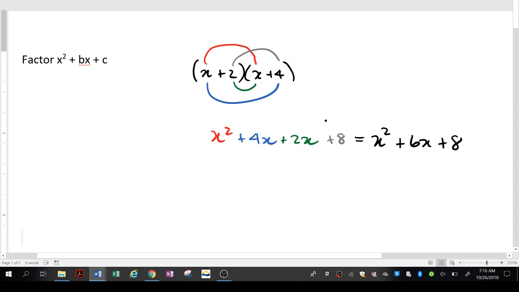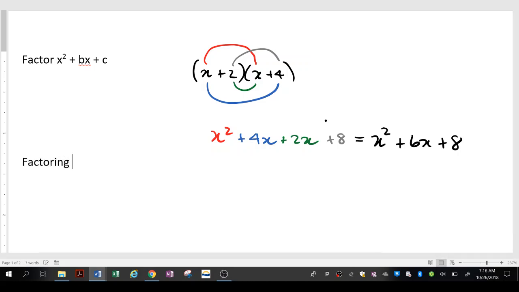So here is our trinomial that we have, and essentially we want to work backwards to take a trinomial, and we can either separate the middle term and factor by grouping, or today I'm going to show you factoring by inspection. And we want to express this trinomial as a product of two binomials like that. So that's what we want to do when we are factoring.